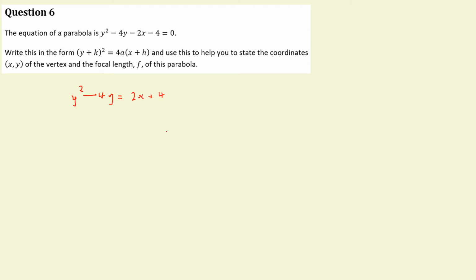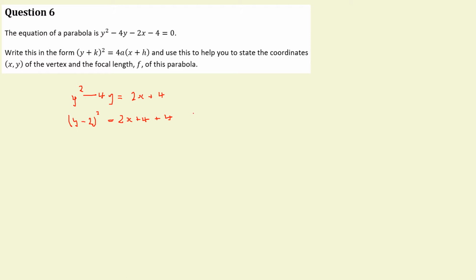Complete the square. Well, that's going to be a y minus 2 squared, half the minus 4. And I'm going to have 2x plus 4. And I'm going to need to put another 4 on, aren't I? Because the minus 2 squared will give me a plus 4 as well. So I've got to keep it balanced.